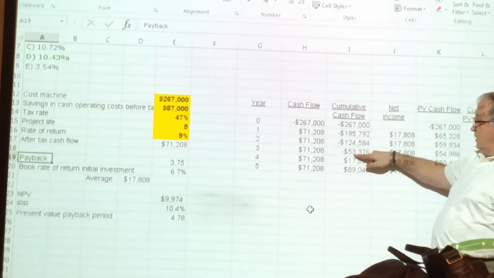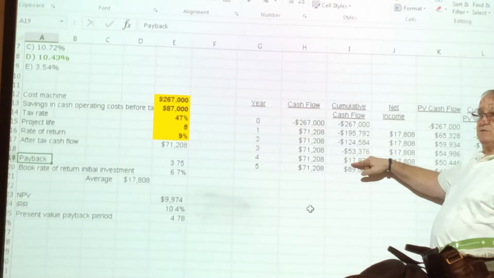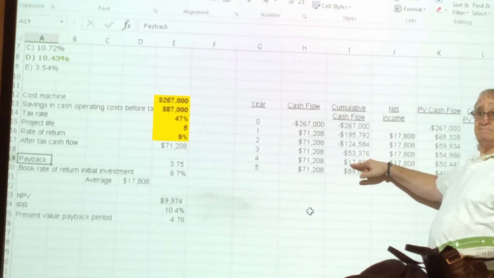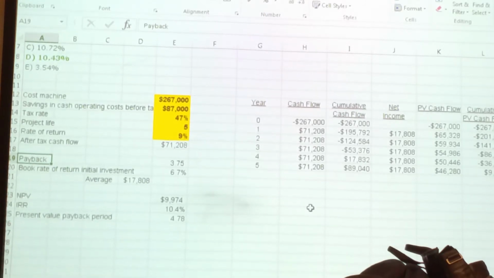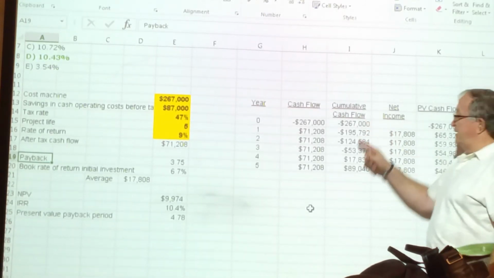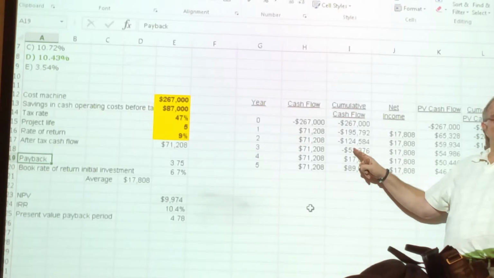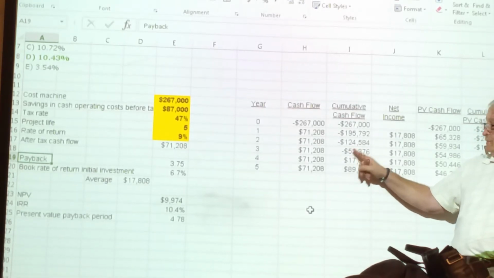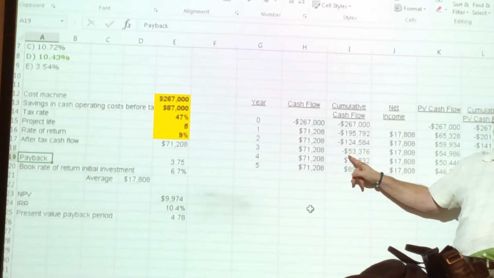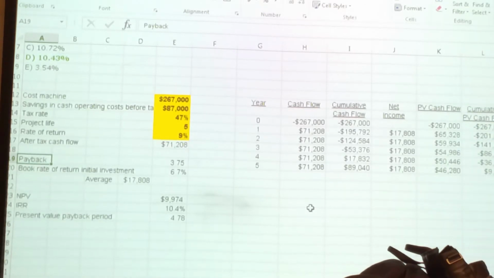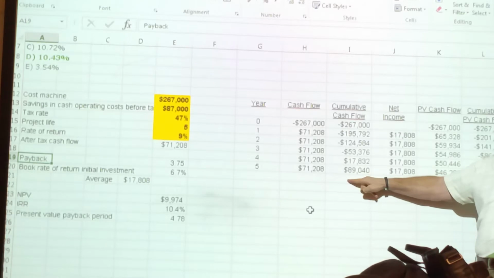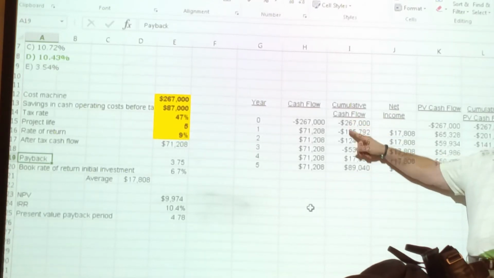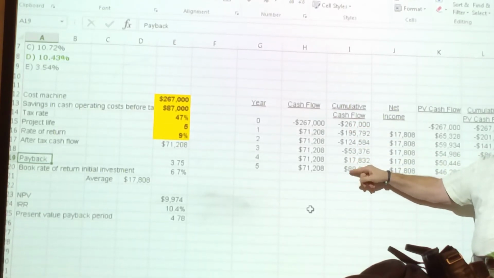Look down this column until it goes from negative to positive. And you said it, but in a different manner. You said, just look down here until the cash flow is going to be less than the balance owed. But that's slightly different. I'm going to read this column until it changes from negative to positive.